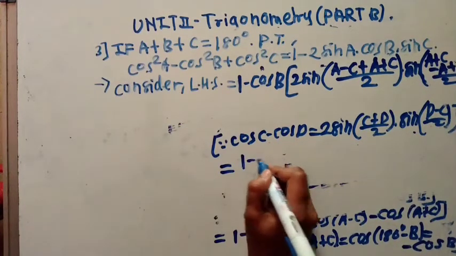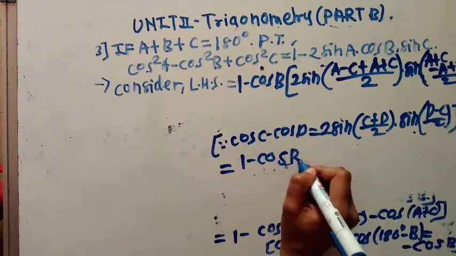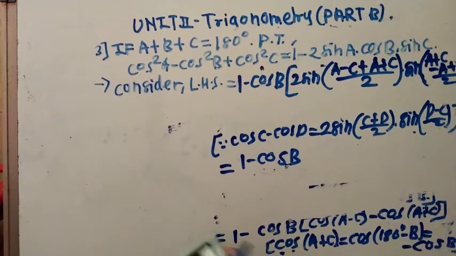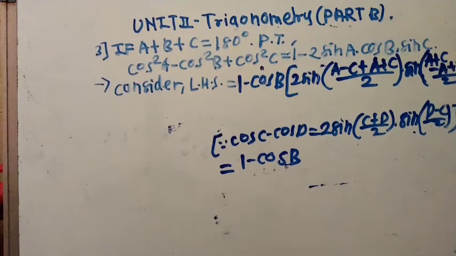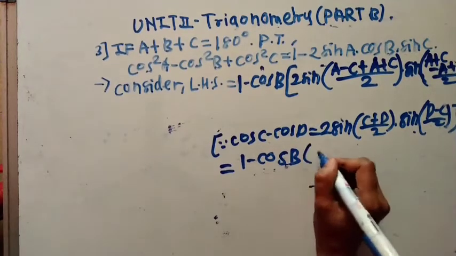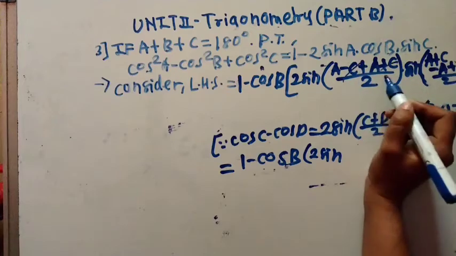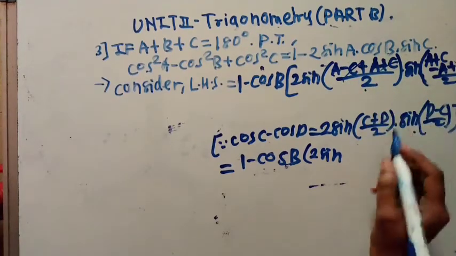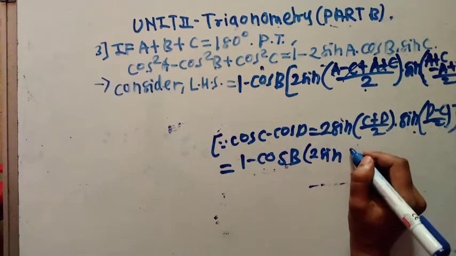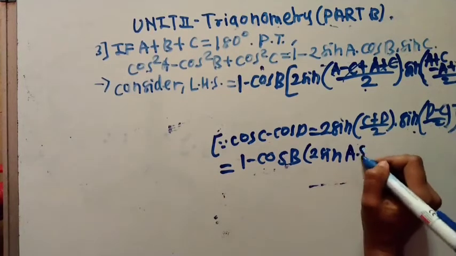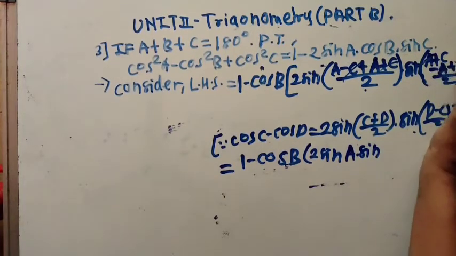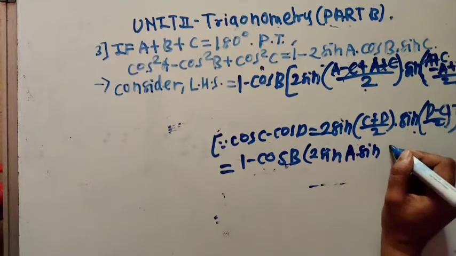Which is equal to 1 − cos b, 2 sin... c cancels; now 2a upon 2 means a, and sin a cancels; c plus c, 2c upon 2, is the c.